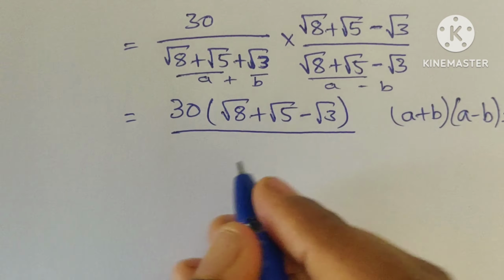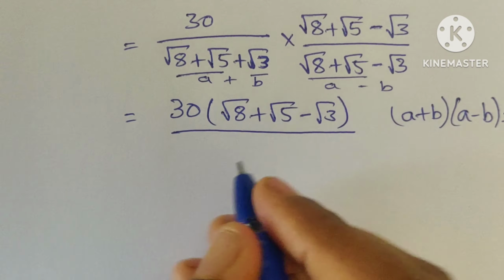divided by, so here, see here, square root of 8 plus square root of 5 whole square. This is in the form of a plus b whole square. So we know this formula, a plus b whole square is equal to a square plus b square plus 2ab. So use this formula.